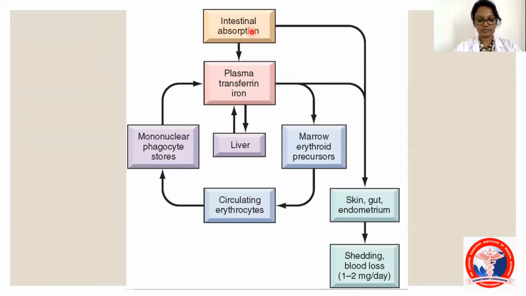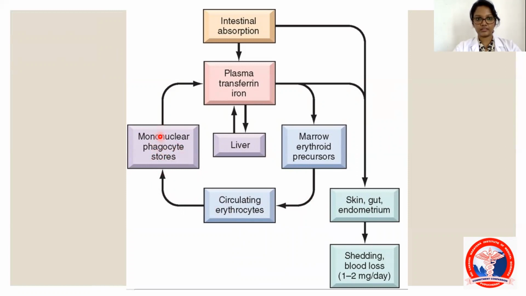Okay, so iron absorbed from the gut into the plasma transferrin is taken into the liver, or it is taken into the marrow erythroid precursors, where it is utilized by the erythroid cells to form hemoglobin. Now these erythroid cells mature and form circulating erythrocytes. You know the lifespan of an RBC is around 120 days. So after 120 days, the RBCs are destroyed by the mononuclear phagocyte system.